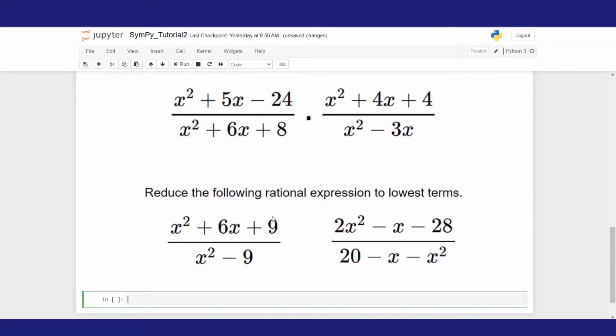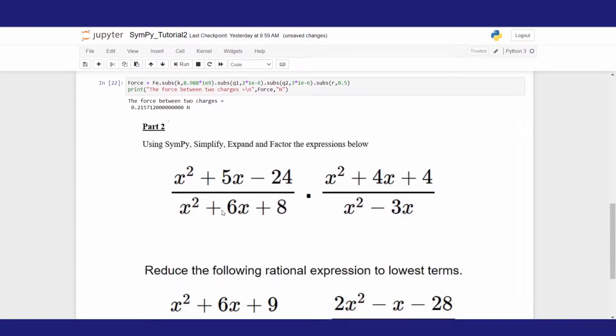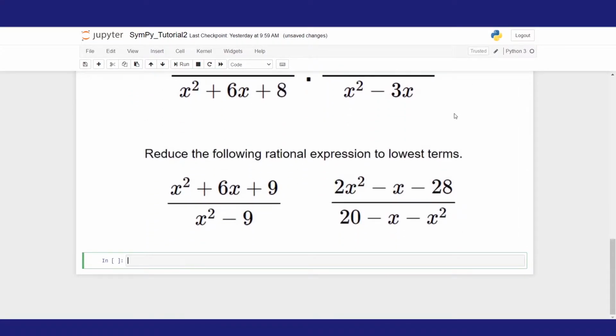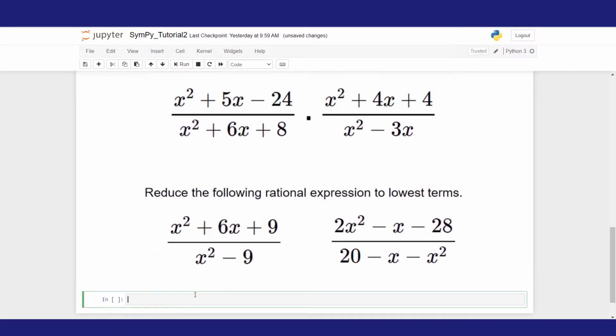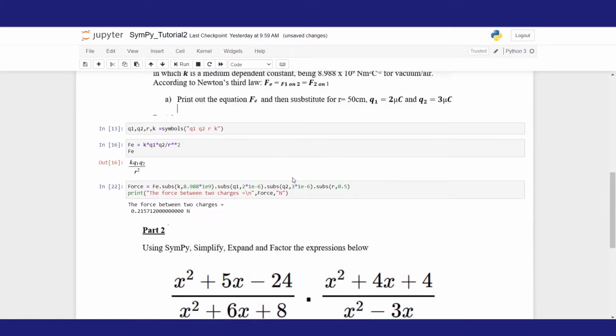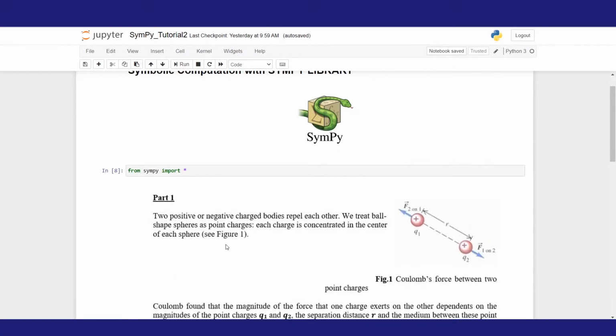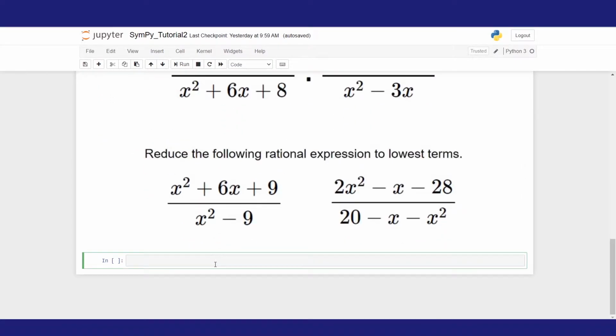So let's see how we can go about this. Basically, we'll begin with the first one. Okay, so x is already defined as a symbol. No, not here. So we'll begin by defining x being equal to symbol.